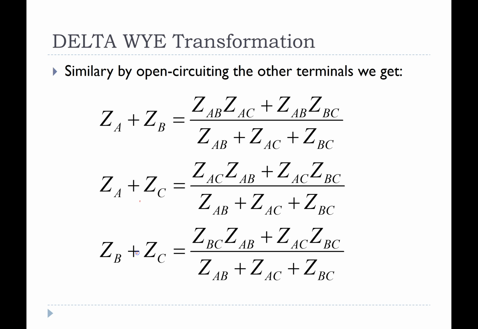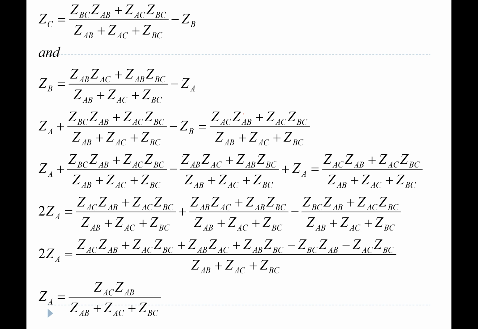If we look at the other terminals, in turn, we have ZA plus ZB, we leave ZC open. Here we leave ZB open, so we have ZA plus ZC, and here we leave ZA open, we have ZB plus ZC. If we do this in turn, we get a set of equations. We have three unknowns and three equations, and we're going to solve for the three unknowns.